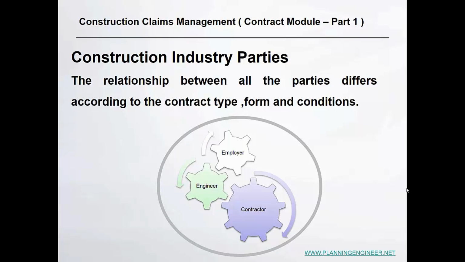After the client or the employer, the engineer's power comes, then the contractor, then the subcontractor, and so on. So you need to know in your project what the power of the individual stakeholders is, or we can call them organizations or parties involved in the project.